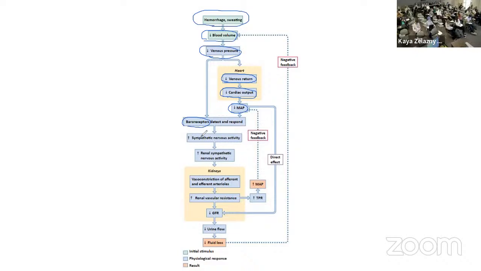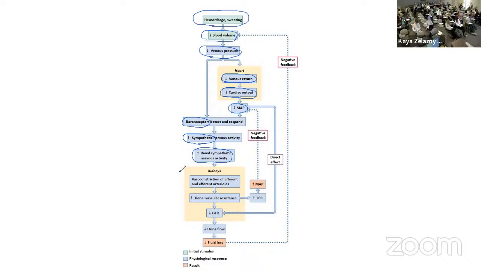Those baroreceptors respond. One of the ways they do that is with our sympathetic nervous system. So you increase that fight or flight, stressful set of hormones, right? Including to the kidneys, okay? So this little bit, we're now focusing in on the kidneys, which we didn't do before, okay?